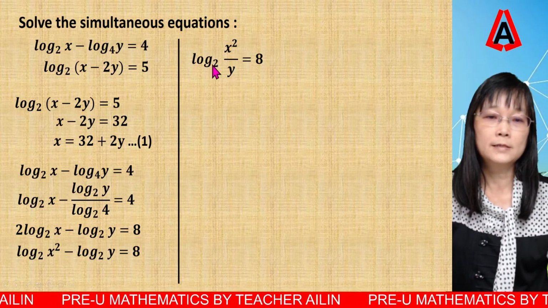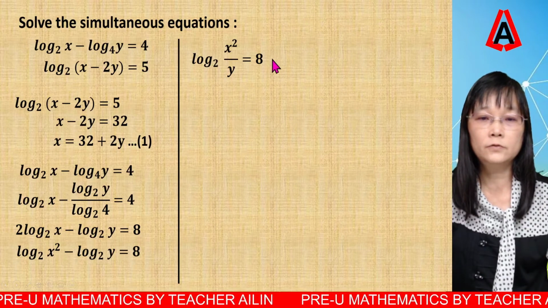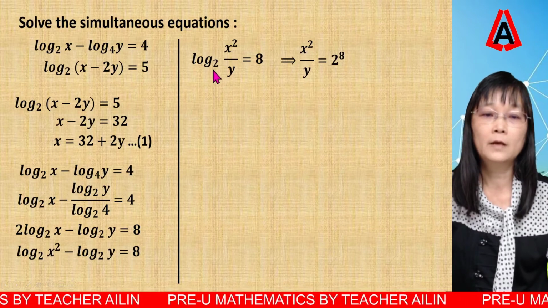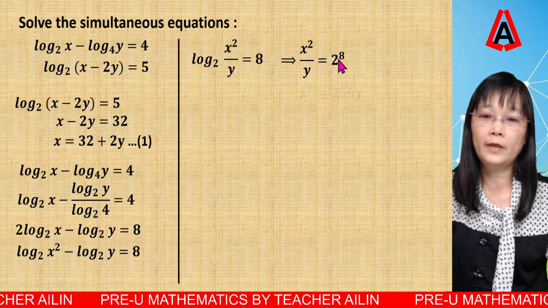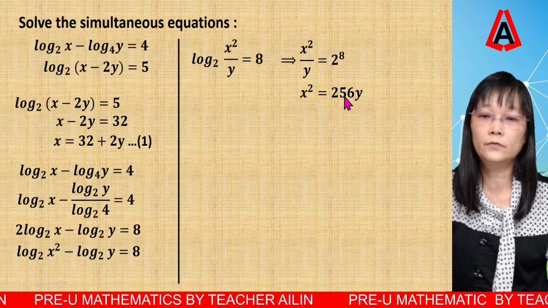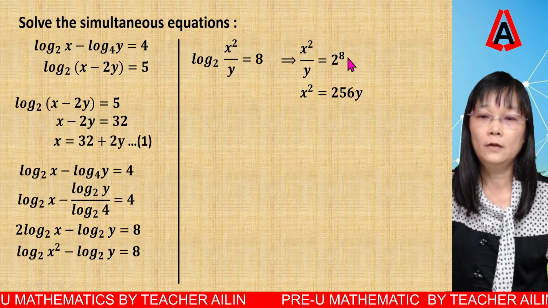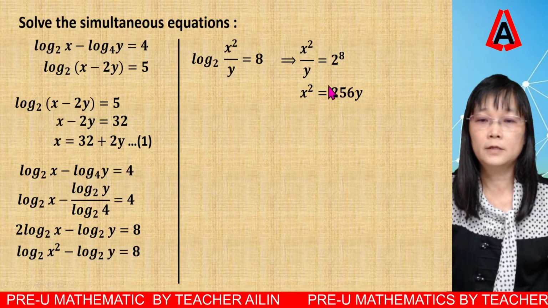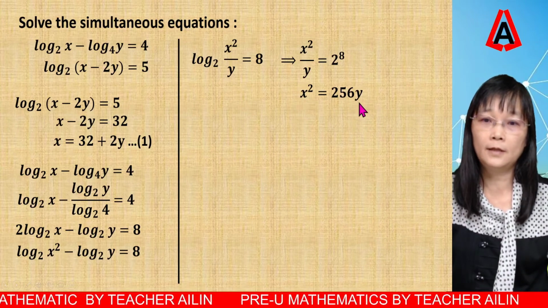Now we can simply shift the base 2 to the right hand side to get the index form. So 2 to the power of 8 is equal to 256, and y shifted to the right hand side. So now the equation is in index form.